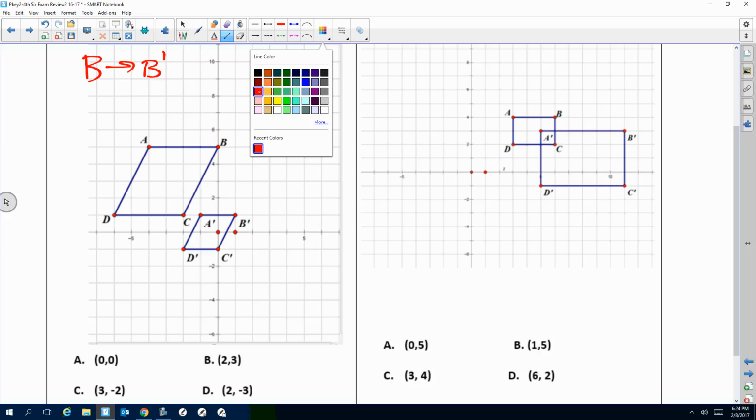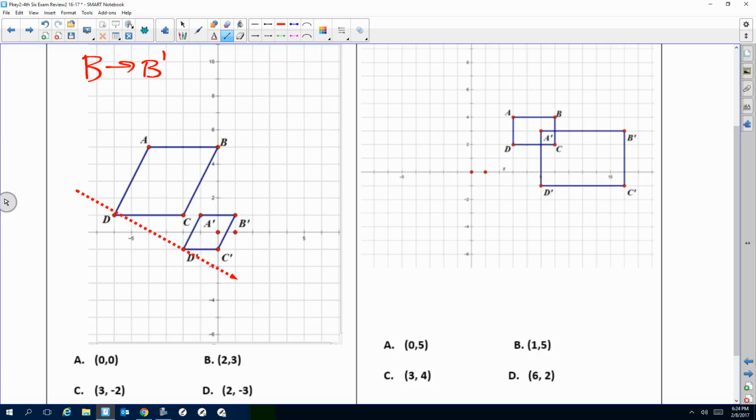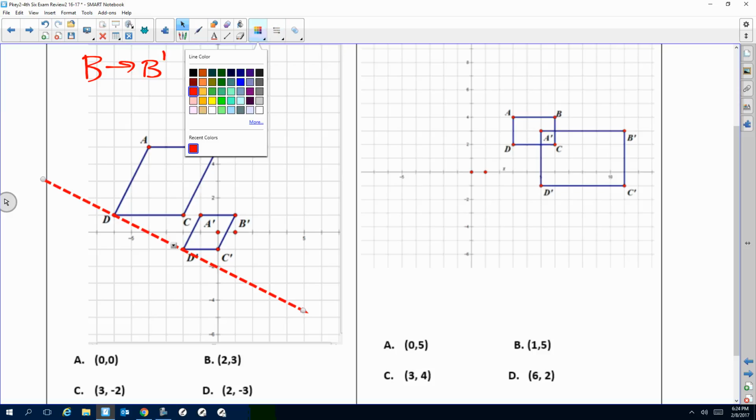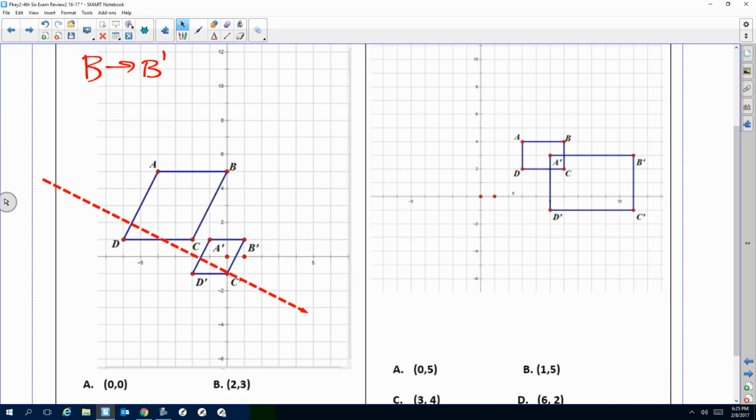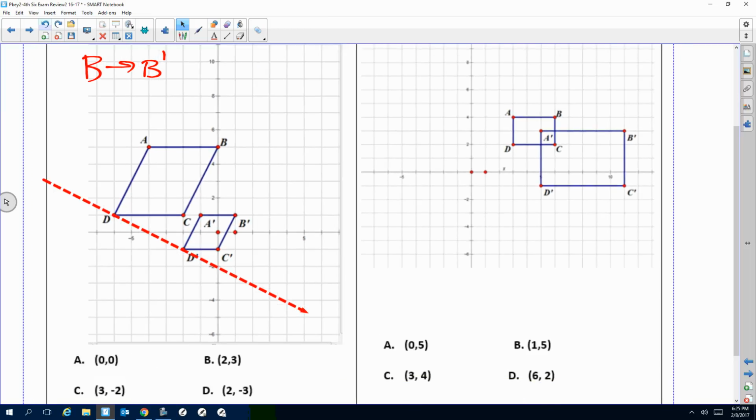So I want to use a straight, exact line. I'm going to use red so we can signify it. And I want that line to go through the pre-image, and I'm going to fix mine a little bit because it's a little off. My pre-image point and its image point. And I'm going to extend the line. So there we go. We want to do another one. We got to at least have two.